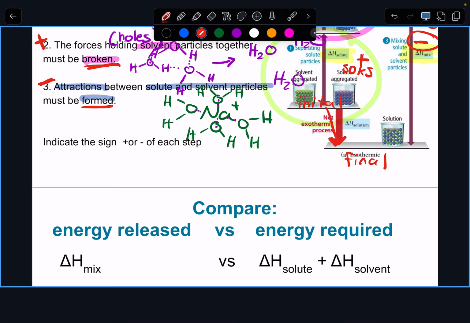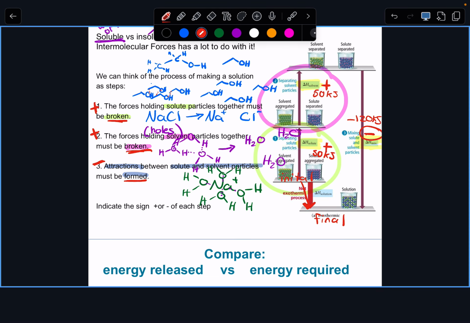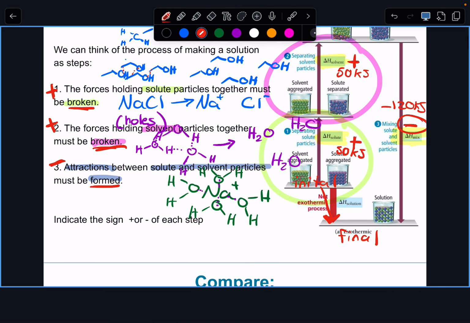The difference between those is going to be the delta H of the solution. So in this instance, that would just be negative 20 kilojoules. There would be 20 kilojoules of heat released in this process. So whatever this solute and solvent is, when we mix them together, it's going to feel hot. There's going to be energy coming off.